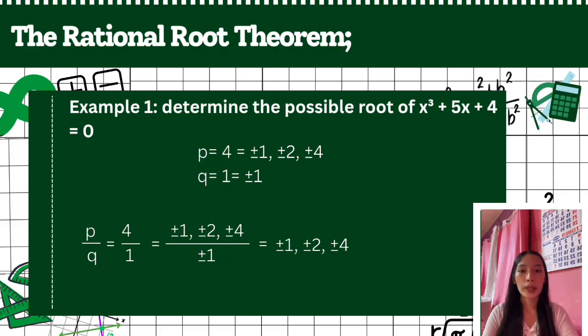After that, we can get the values for p over q. Our p is the factor of the constant term, and q is the factor of the leading coefficient. So what are the factors of 4? Starting from the lowest, we have positive negative 1, positive negative 2, because 2 times 2 is 4, and positive negative 4, because 4 times 1 equals 4.